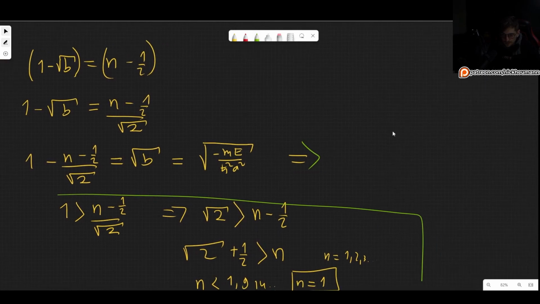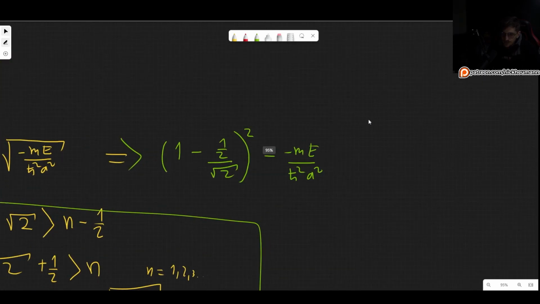So now we square everything and we get 1 minus, we know that n is 1, so 1 minus 1/2, we get 1/2 divided by the square root of 2. And this is equal to this thing, but we squared, so we get minus m e over h bar squared a squared.